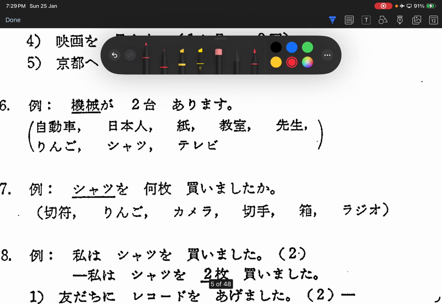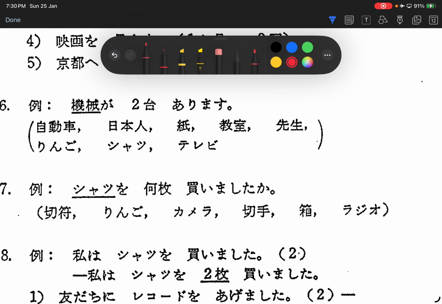No, just tell me how to count. So what counters are you using? Is it 枚? Okay, good, because the ticket is flat. Okay, so we use 枚 for キップ. So 何枚ありますか? 何枚買いますか? Right? Next will be リンゴ. 何個ありますか? Okay, I understand.